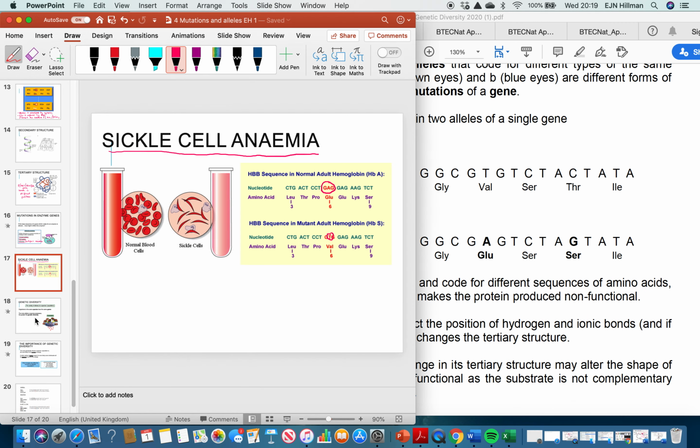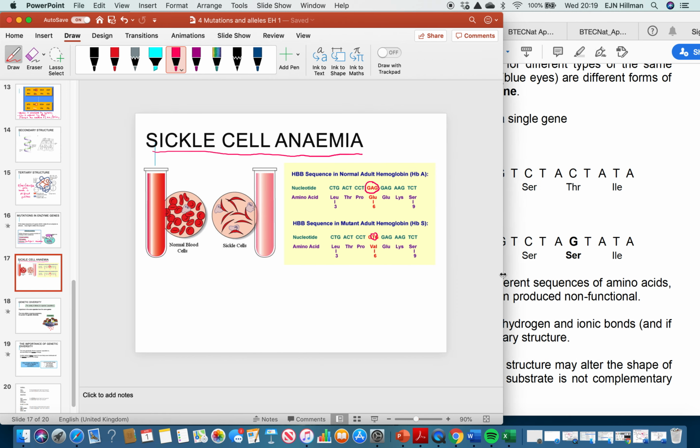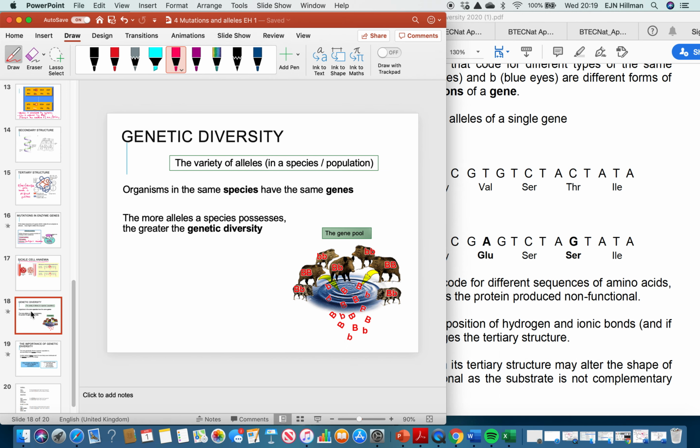Okay, let's go back to our PowerPoint here. So, genetic diversity depends on those mutations. So the variety of alleles in a species is referred to as the genetic diversity.